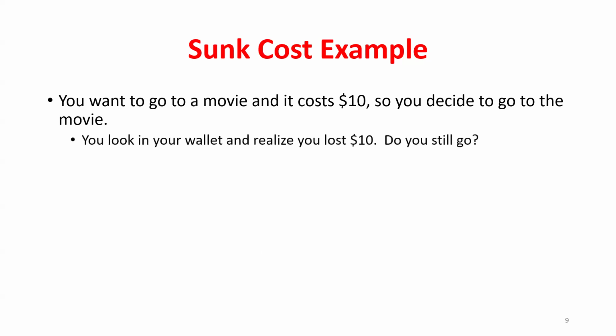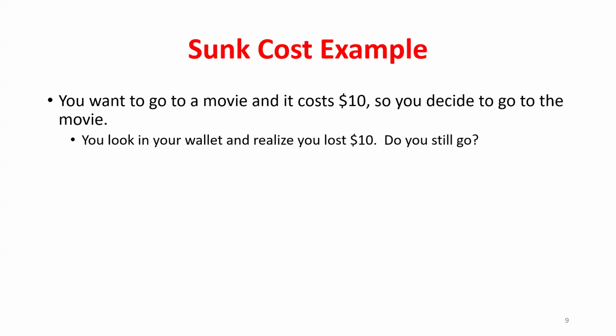Now, let's say on the way to the movie, I check my wallet and somehow I lost a $10 bill. I don't know where it went. What would be the marginal cost if I decide to still buy a movie ticket? Well, I've already lost the $10. If I buy a ticket, my total cost is now $20.